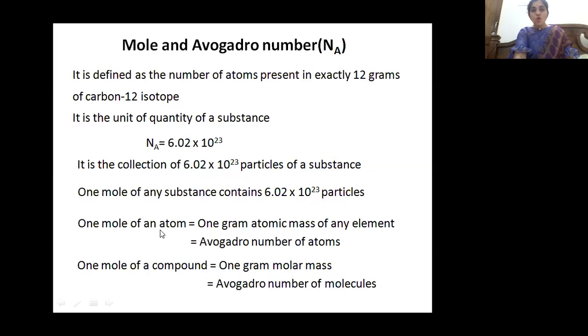In other words, 1 mole of an atom is equal to 1 gram atomic mass of any element, meaning Avogadro number of atoms. Similarly, 1 mole of a compound means it contains Avogadro number of molecules, or 1 gram molar mass.